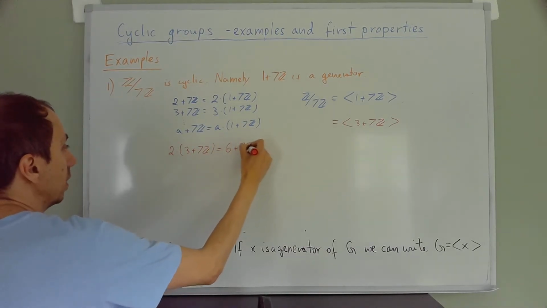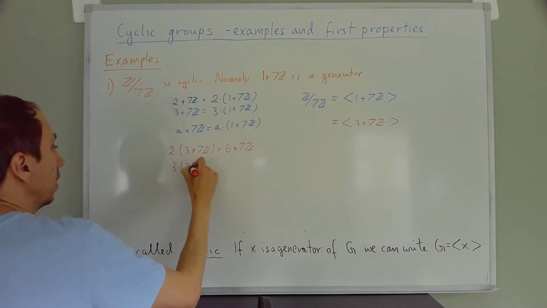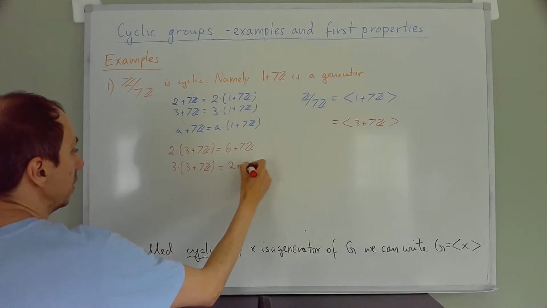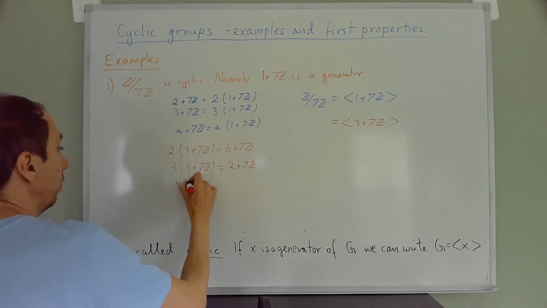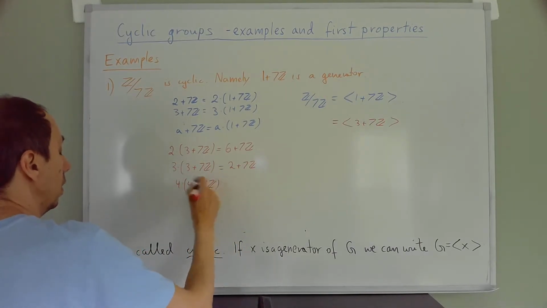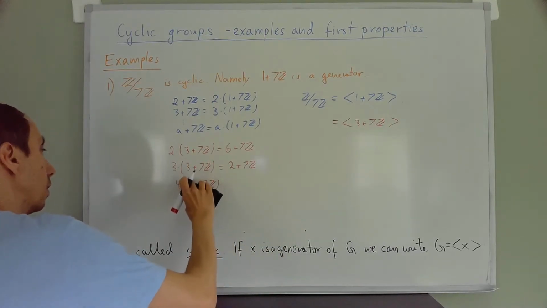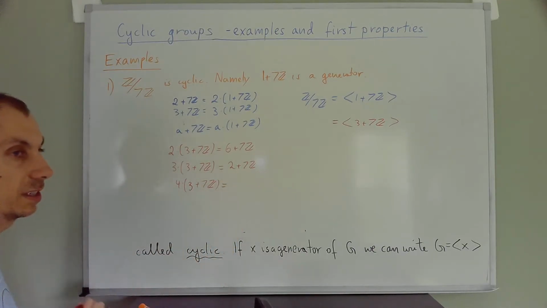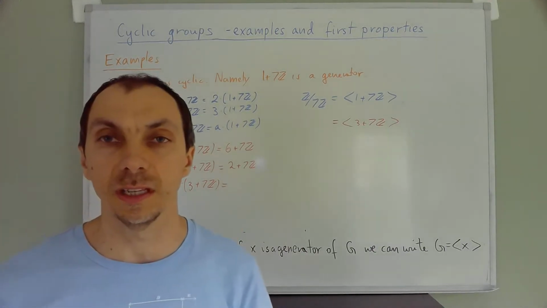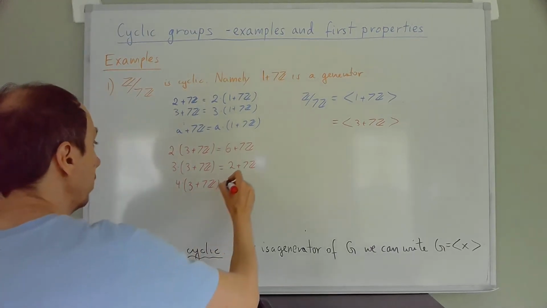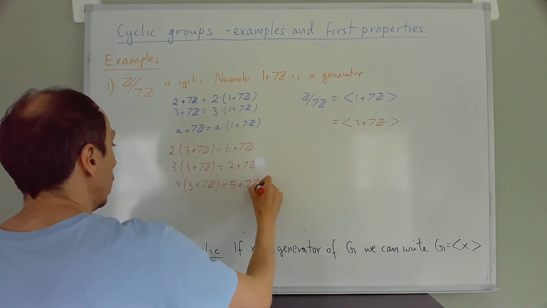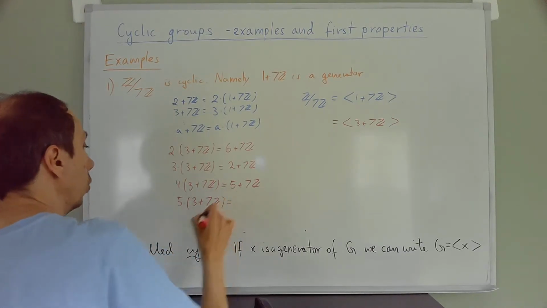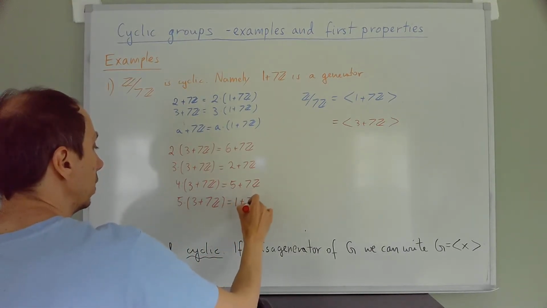6 plus 7Z. If I do it 3 times, that's 9 plus 7Z, so 2 plus 7Z. If I take it 4 times, then I get 12 plus 7Z, but 12 plus 7Z is the same as 5 plus 7Z. 5 times will give me 15, but it's just 1 plus 7Z.